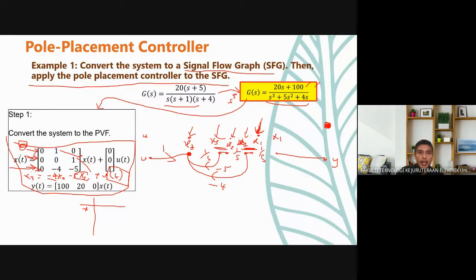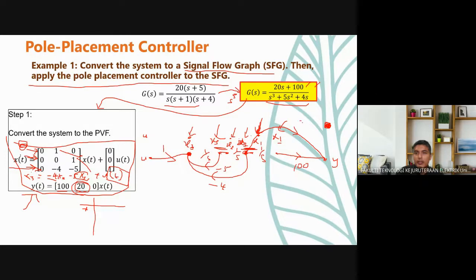Done for the x dot part, then we go to the output. Output is 100 x1 plus 20 x2 only. So this is your location of the x1, so the gain must be 100. And then the second part is 20 x2, the location of x2, so you just forward to the y.